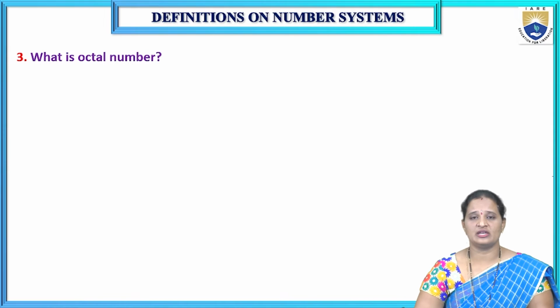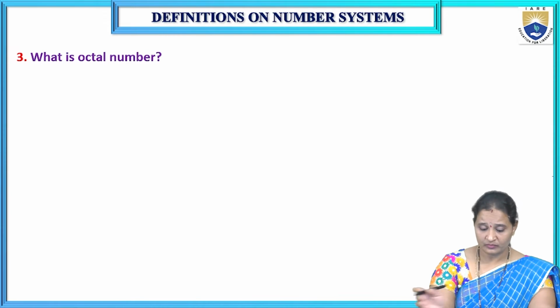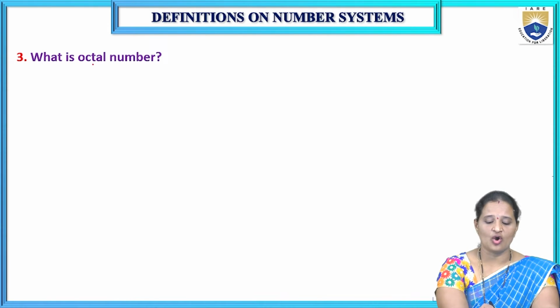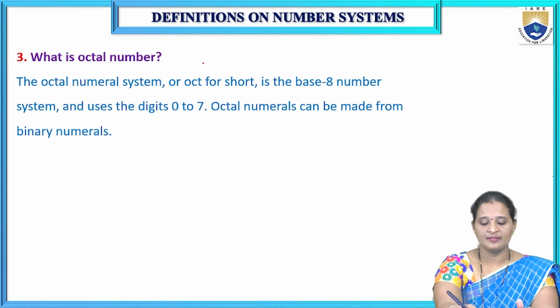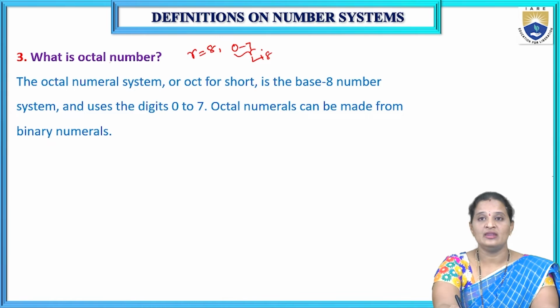Now coming to the octal number system. As the name itself indicates, what is an octal number system? The octal number system is a number system whose radix is equal to 8, and the symbols included in the octal number system are 0 to 7. So the total number of symbols in the octal number system is 8, including 0 and 7.